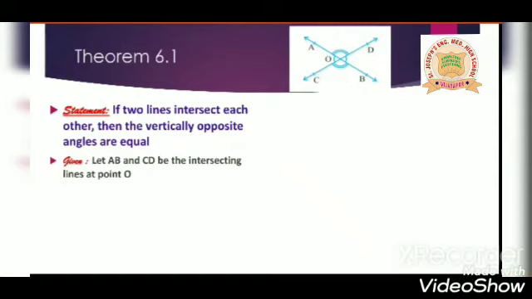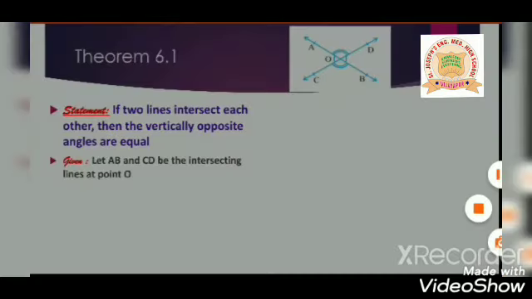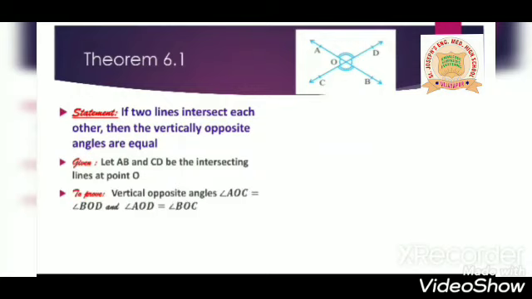Remember this, that is what we are going to write now: what we are going to prove. We are going to prove that vertically opposite angles AOC equal BOD and angle AOD equal BOC. Now to prove that, we are going to write the proof.